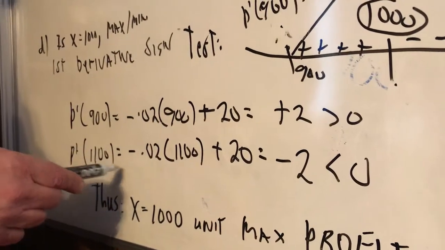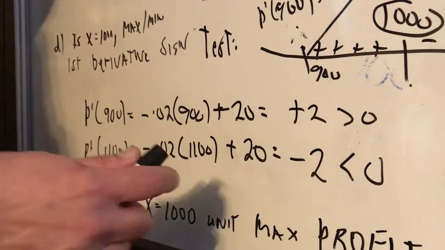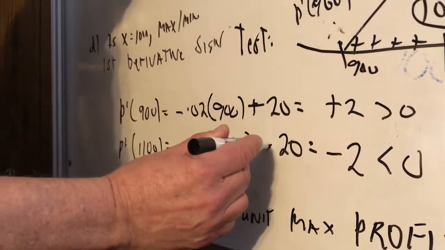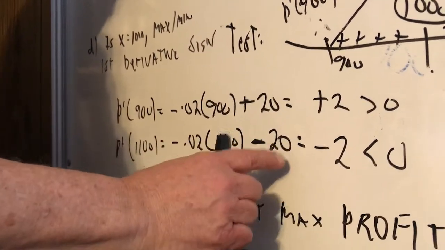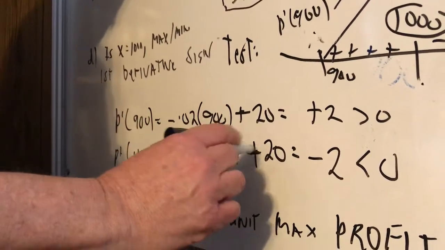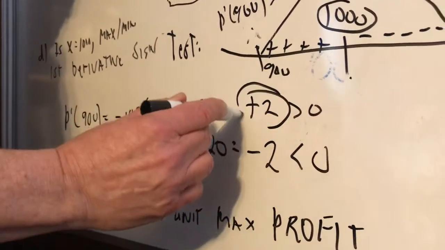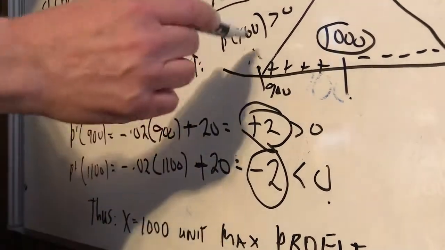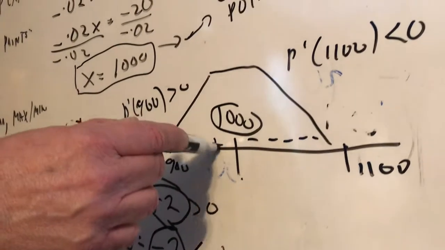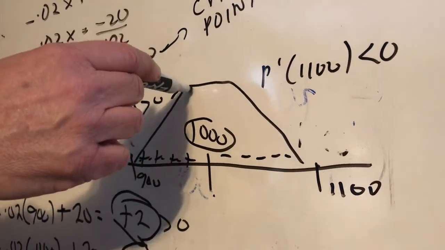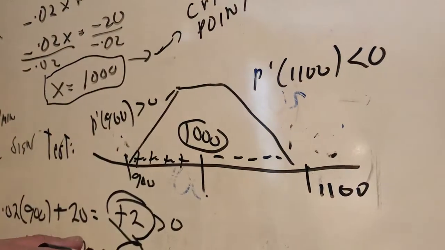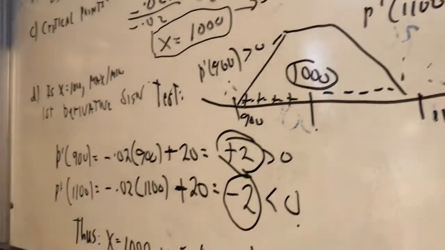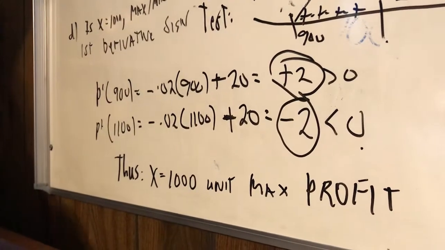P prime 1100 comes out to be minus 2, less than 0. So that's a positive slope going up, flattening out, and less than 0 going down. So 1,000 represents a maximum profit.